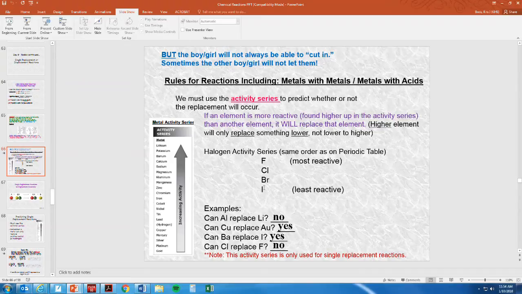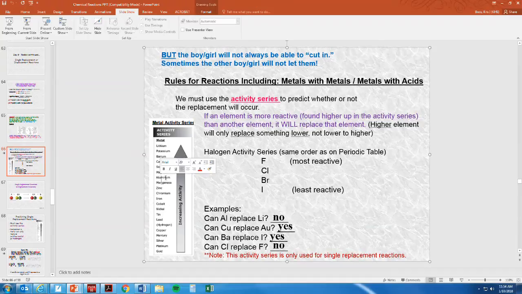Okay, so let's actually try to do some examples so this can make sense to you. Can aluminum replace lithium? Remember, aluminum has to be higher than lithium. Aluminum is right here on our periodic table, but aluminum is not higher than lithium. Lithium is already the highest.